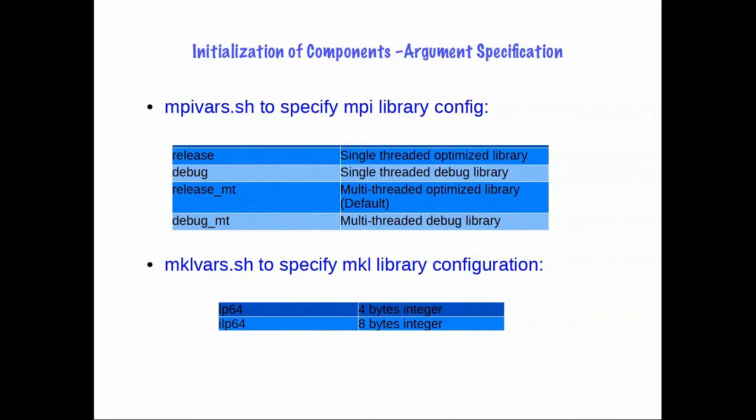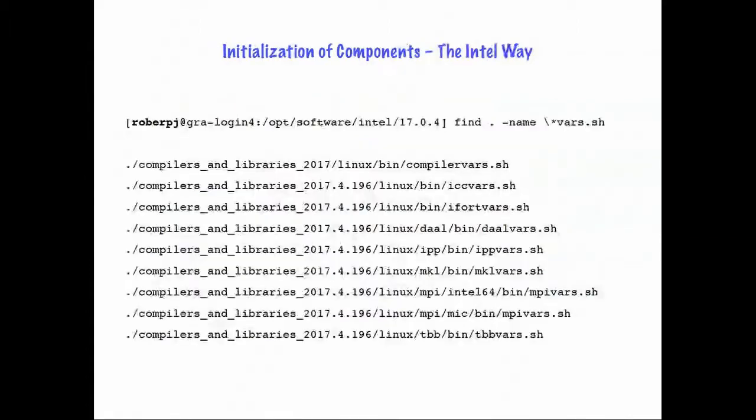There are two main choices with that one to be aware of: 4-byte integer, or ILP64, which gives you 8-byte integer, and that'll be defined a little better in the next slide, or the one after. So there's a whole collection of these scripts to be aware of if you're going to select the different libraries within the Intel Cluster Edition.